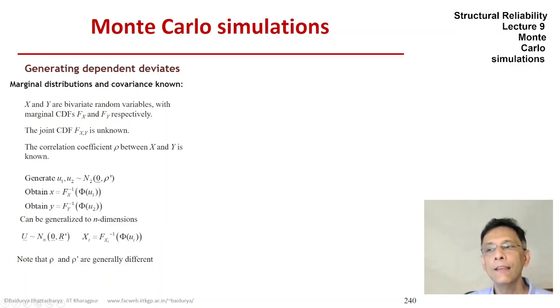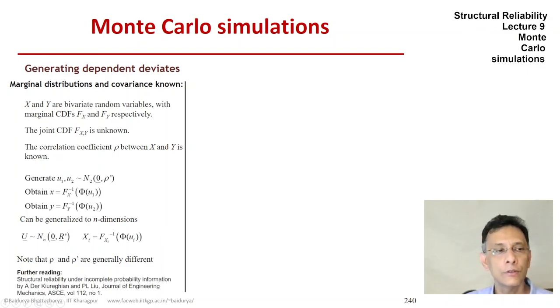In fact, if you want a certain rho between X and Y, you have to start with a desired rho prime between U1 and U2. And there's a very nice paper by Professor Armen Der Kiureghian, which came out in the Journal of Engineering Mechanics. You could read that for further information.